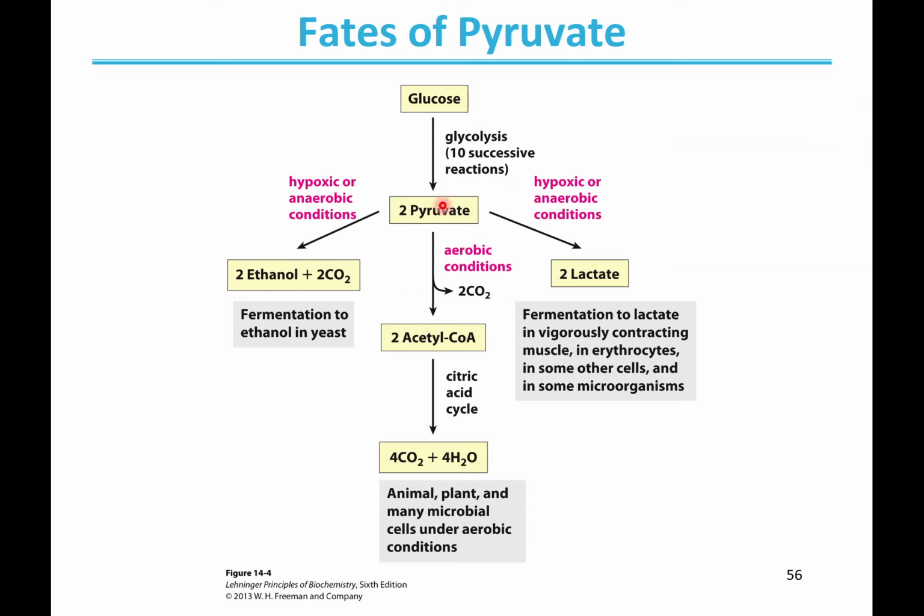And I should mention, going from pyruvate to acetyl-CoA, you're losing carbon in the form of carbon dioxide as well. So the carbons are all accounted for. We'll talk about the pyruvate to acetyl-CoA step. That's an enzyme known as pyruvate dehydrogenase complex. And acetyl-CoA in the citric acid cycle is all covered in chapter 16.